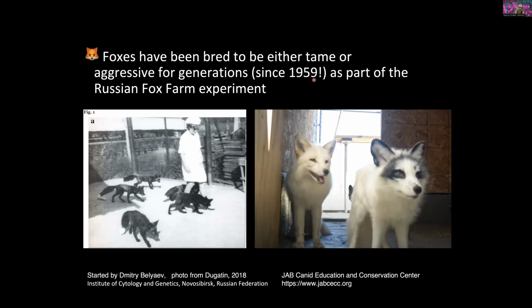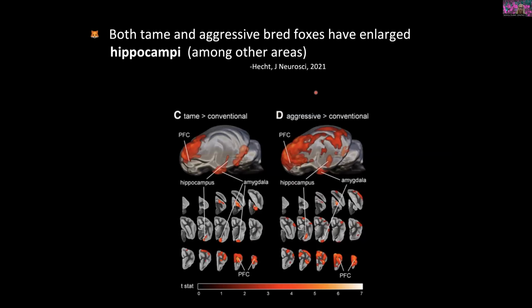As a later part of this experiment, they started breeding some animals to be aggressive. Now, why do I think that CA2 might have anything to do with this? Well, a nice study fairly recently showed that the hippocampi were among the areas of the brain that were enlarged in both the tame and the aggressive animals. So we want to know if there's something special there. And spoiler, I haven't gotten to that yet.